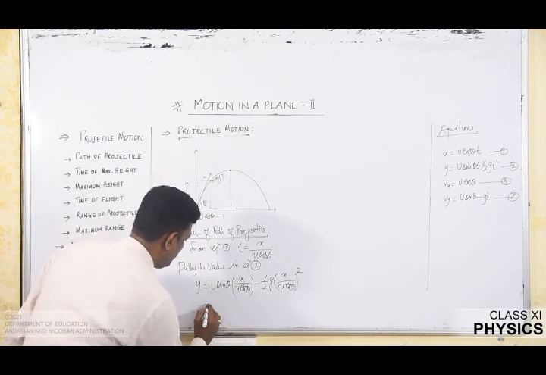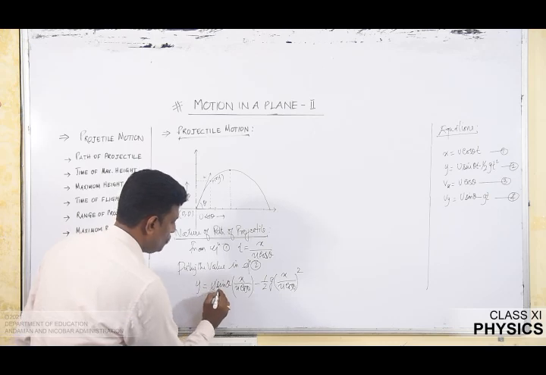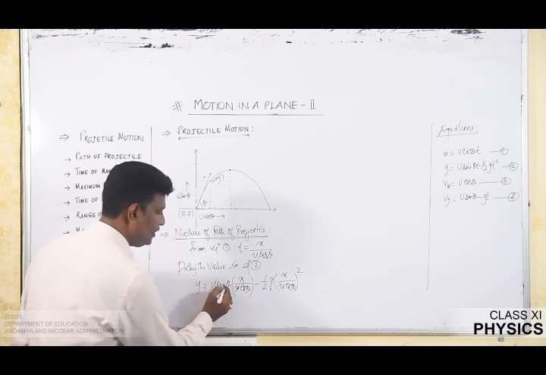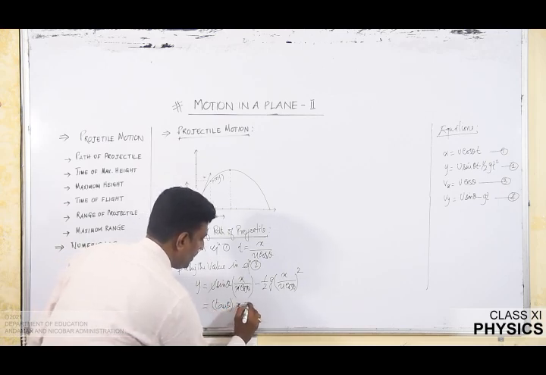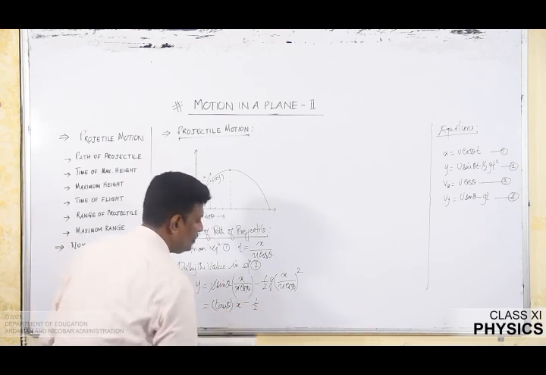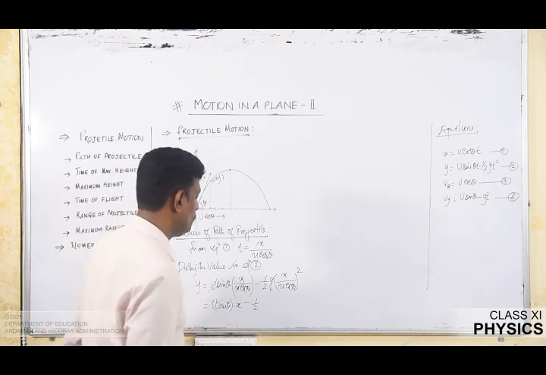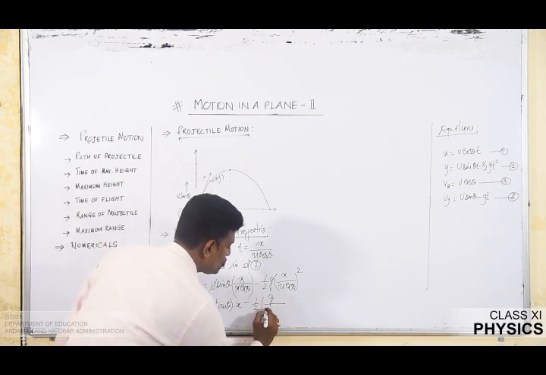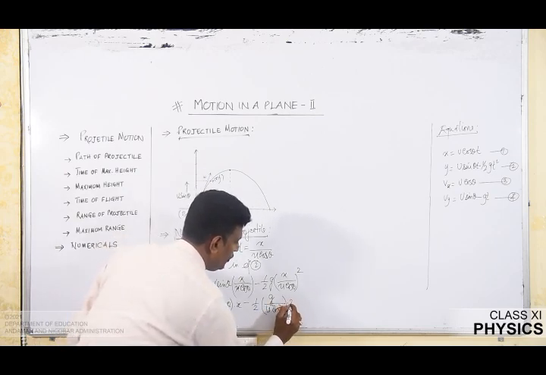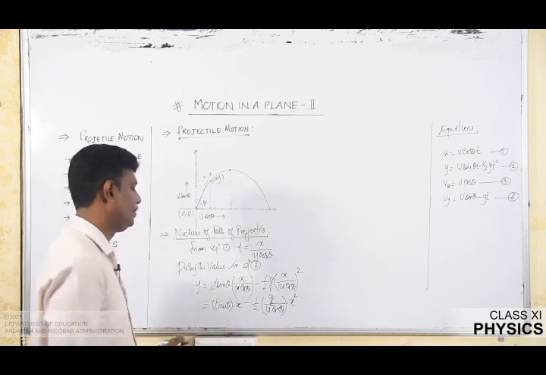So, what we can have here is u will get cancelled, sin theta by cos theta is tan theta x, minus half, this is square. So, we can write g by u square cos square theta into x square.